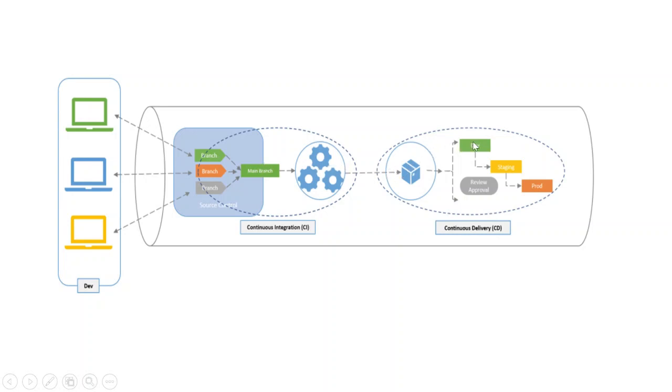And once that is done, there can be several platforms as well. For example, it can be for the dev platform, it can be for the staging platform, and finally it can be for the production platform. So this part of the process is known as continuous delivery. So DevOps mainly talks about this CI/CD pipeline, or continuous integration and continuous delivery pipeline.